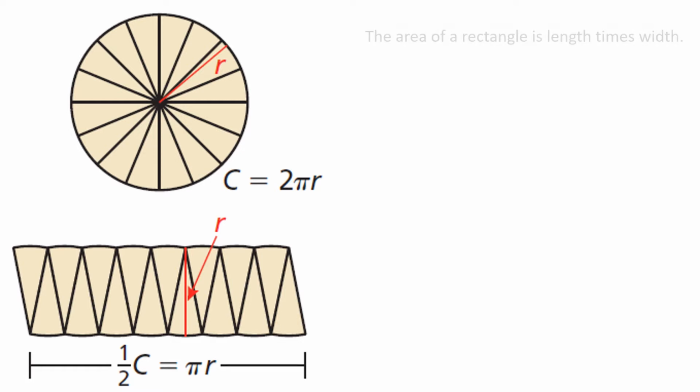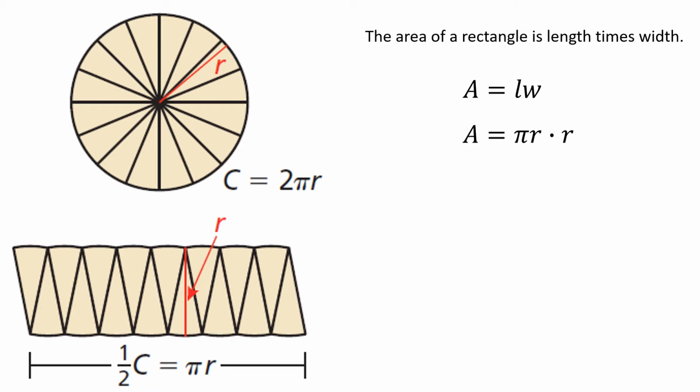So if the rectangle is length times width, we're looking at the length is pi times r, the width is r, area has to be pi r squared.